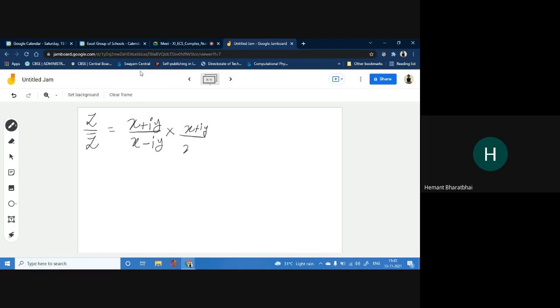So I'll have to multiply and divide with X plus iY. So this will become X plus iY into X plus iY, this will become X plus iY the whole square. And this a plus b into a minus b, that will be a square minus b square. So we have seen when you multiply, this i square will become minus 1, minus minus will become plus.